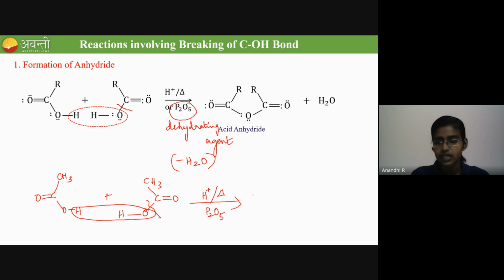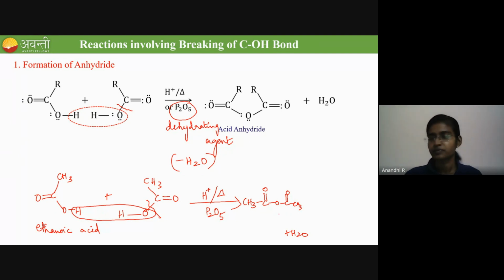So what will we get here? We'll get CH3-C double bond O, O, C double bond O-CH3, with the elimination of water. What is the name of this anhydride? Since we are taking ethanoic acid as the reactant, we end up with ethanoic anhydride.